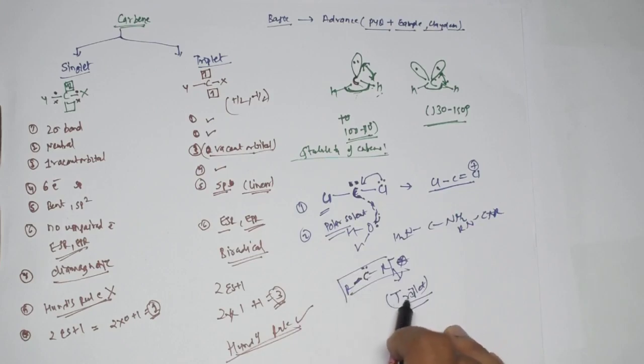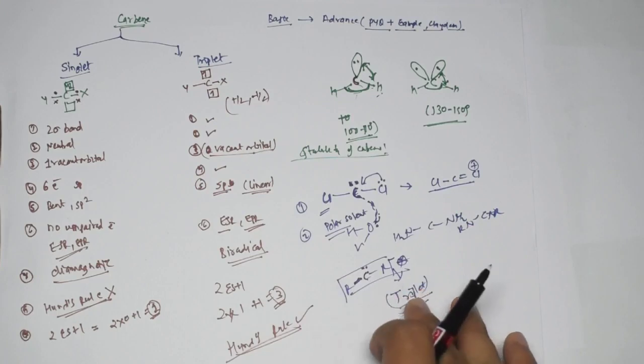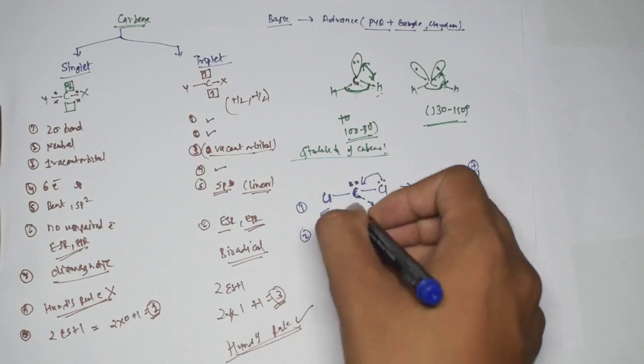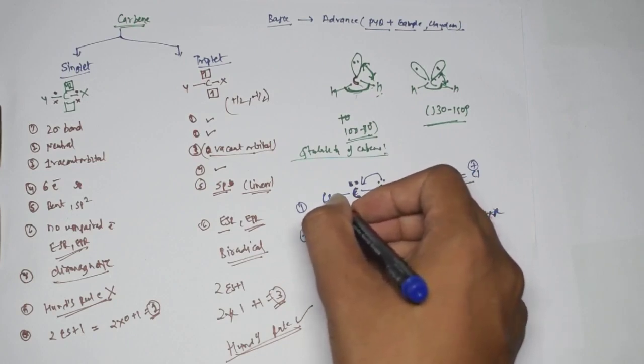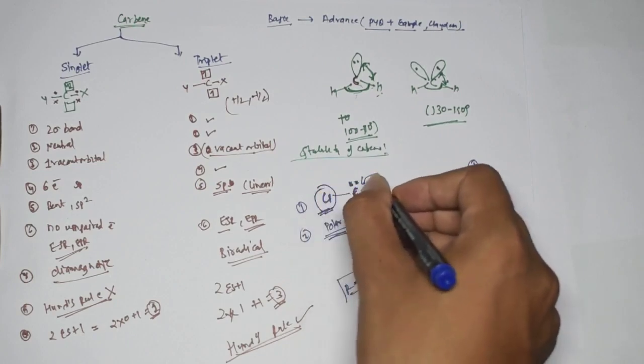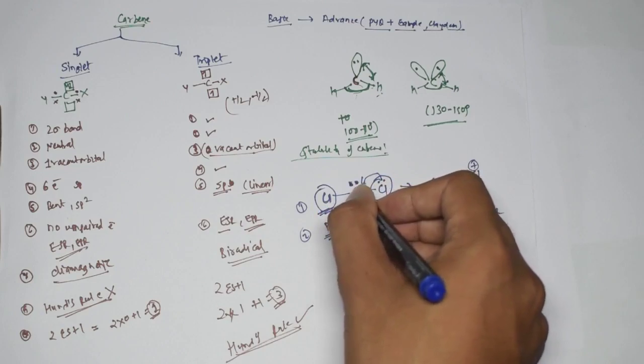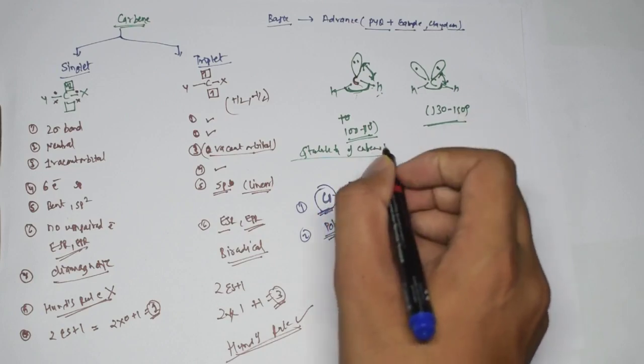That will exist as a triplet carbene. So when the carbenes are existing as a singlet and the triplet, the first thing, if we have polar solvent, and the second thing, if we have the groups attached with this carbene that can donate their electron pair to this electrophilic carbon, in that case we will have singlet carbene.